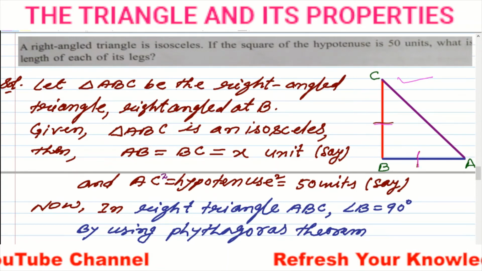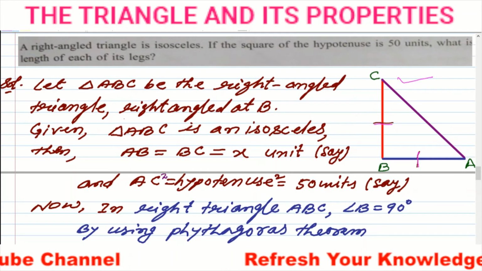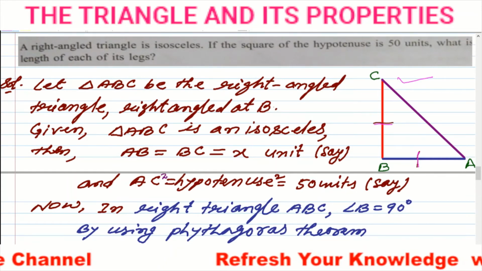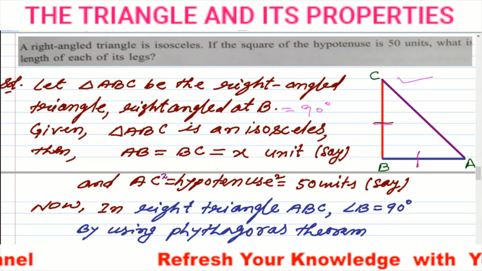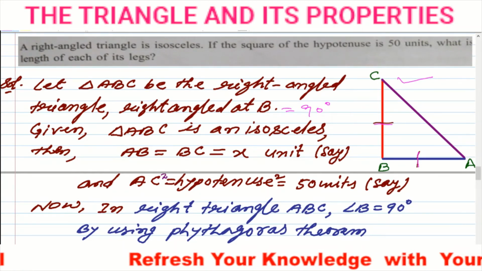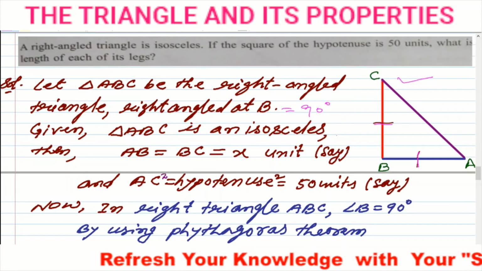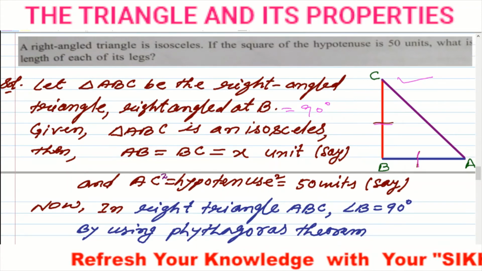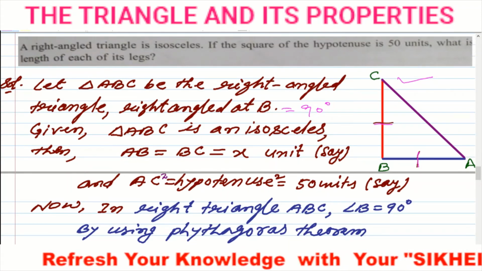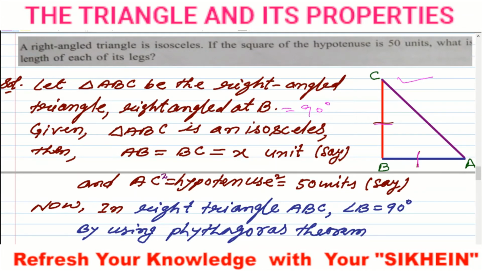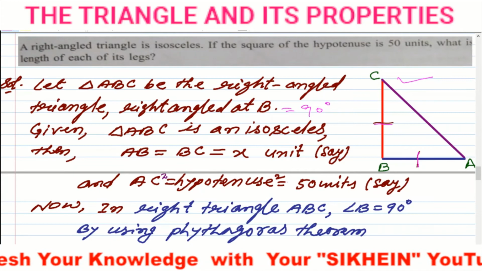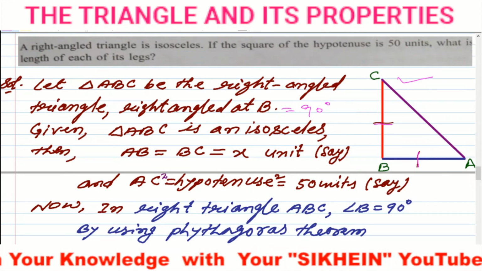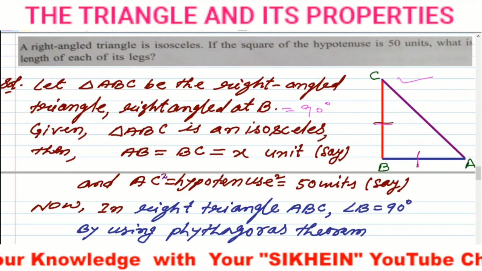Let triangle ABC be the right angled triangle, right angled at B, that means 90 degree. Given triangle ABC is isosceles, then AB equal to BC equal to x unit, say, and AC square equal to hypotenuse square, 50 units.